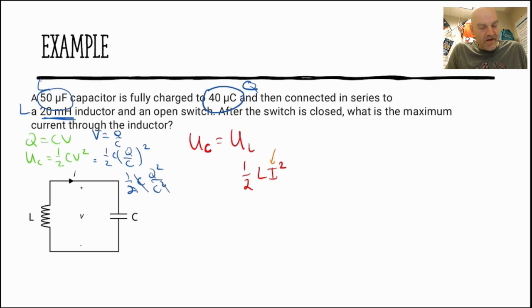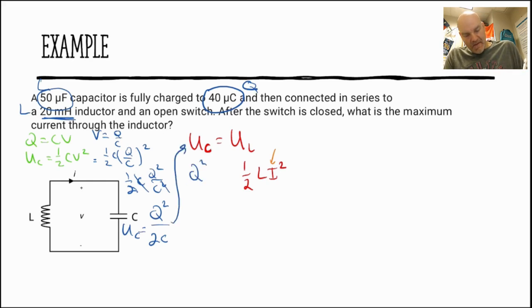That cancels, and I end up with Q squared over 2C. So that's the energy stored in the capacitor, and I substitute that in here.